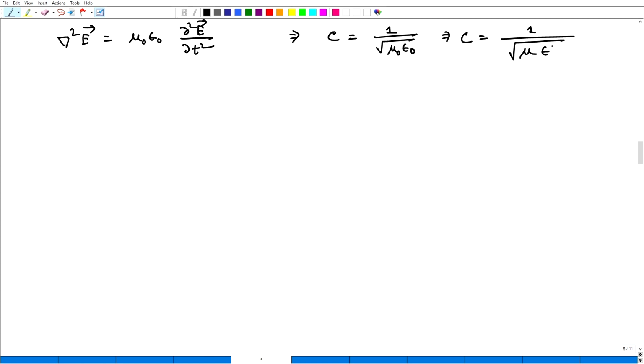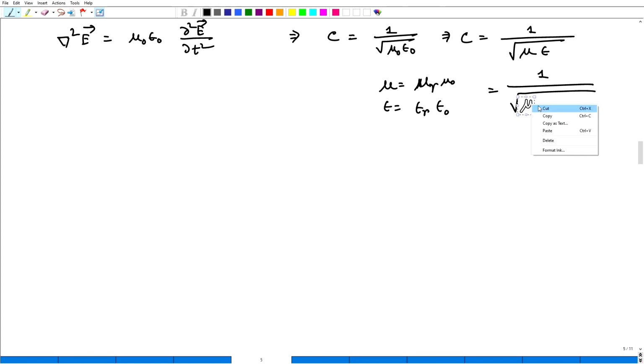1 over root of mu epsilon. Now we can replace mu with mu r mu naught, and epsilon with epsilon r epsilon naught. So, this is our general formula, with mu naught mu r epsilon naught epsilon r. These have standard values.